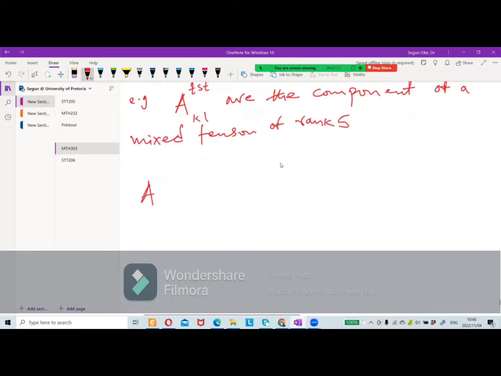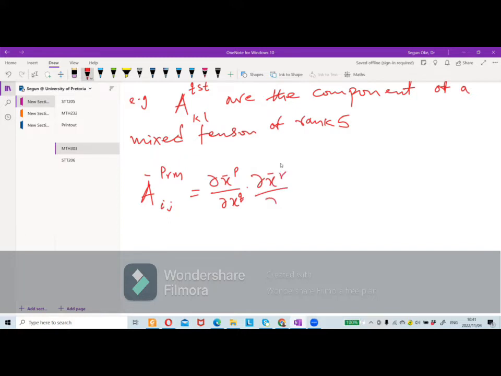It's very simple. We have our A bar, P, R, M, I, J will be the x bar P over the x^Q, the x^S... the x bar R over the x^S, then the x bar M over x^T, then the x^K over x bar I. And the last one, the x^L over the x bar J. Are you seeing what I'm saying?